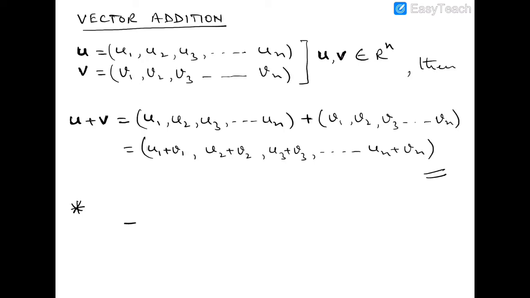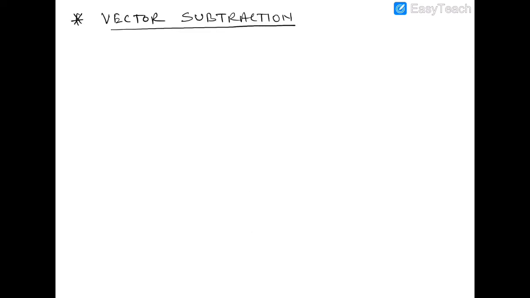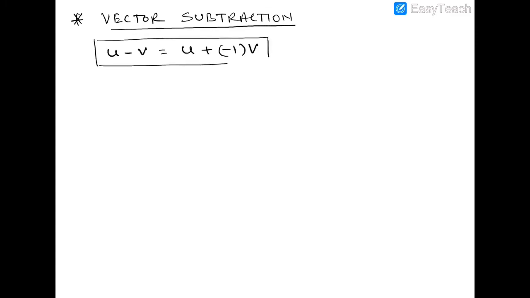So this is how we do addition in Rn. And for a negative vector, that is minus U, we can write minus 1 times U. So for subtraction, we can write U minus V is equal to U plus minus 1 times V, and then proceed as we did in addition. Now scalar multiple.